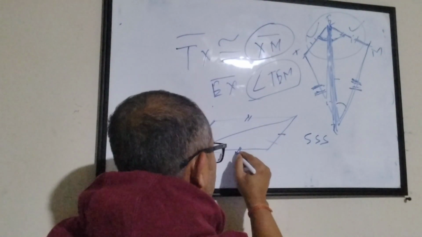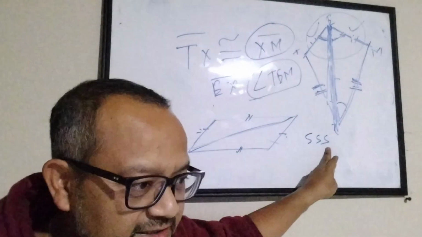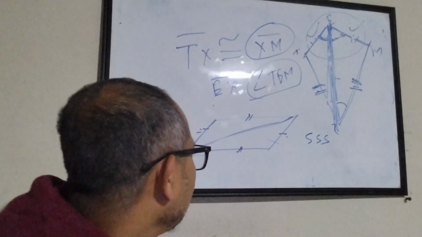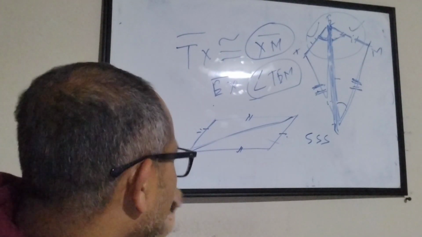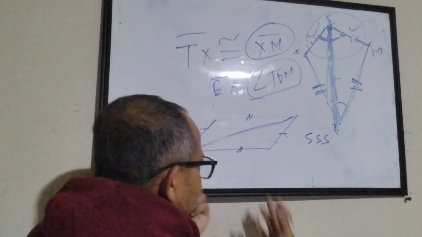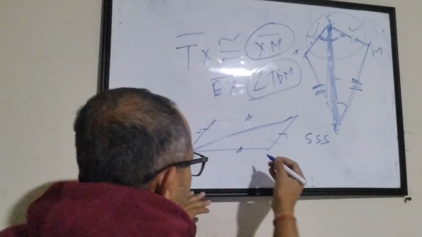This side is equal to this side, equal to this side, and this angle is common. So SSS is given if it's a parallelogram. Now you can say that it is SAS also. How? Look at this.